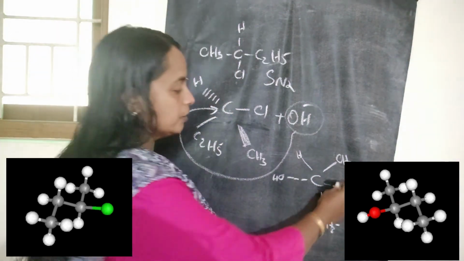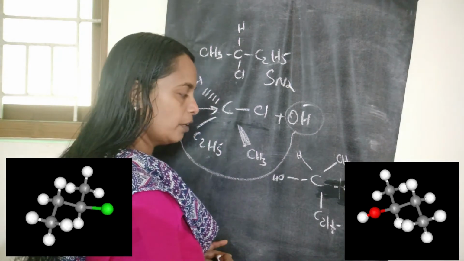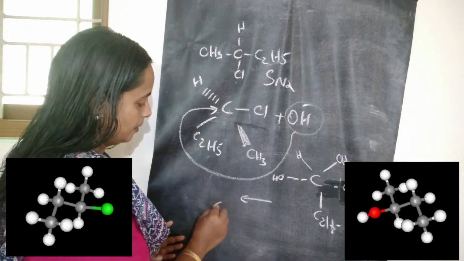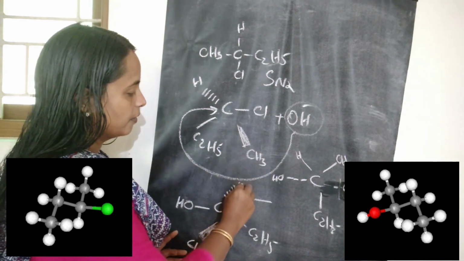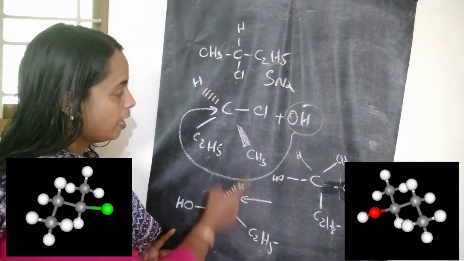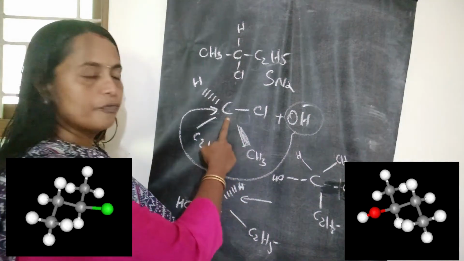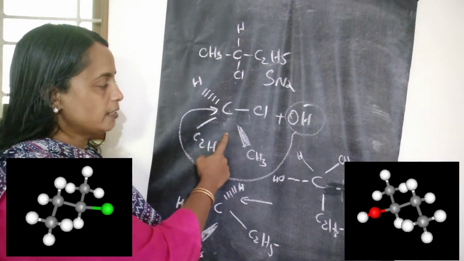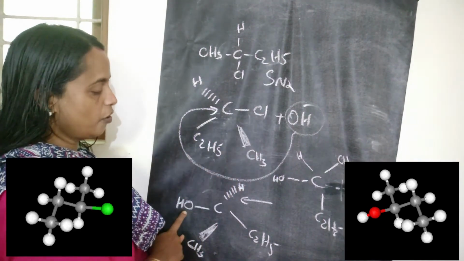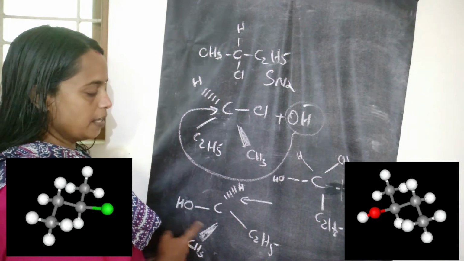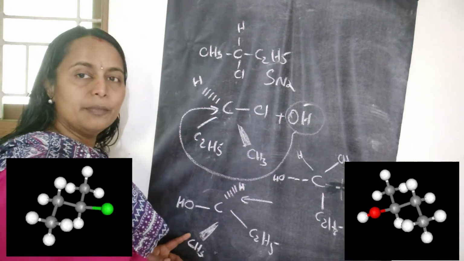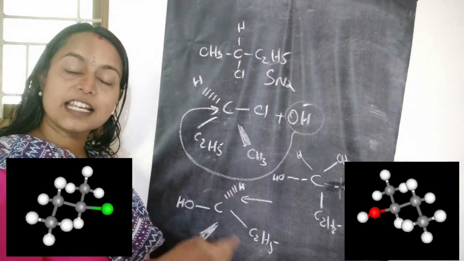On breaking of this carbon-chlorine bond, it forms C2H5 2-butanol, butan-2-ol, which has an inverted configuration from the parent chlorobutane. That is, the position of the OH group is just opposite to the chlorine leaving from this chlorobutane, and the configuration is just inverted.